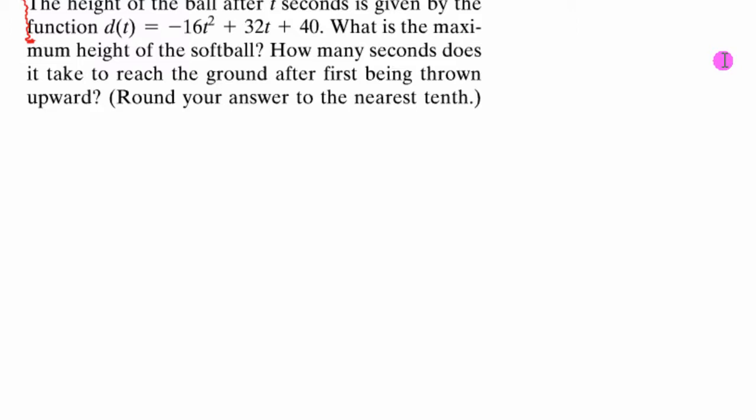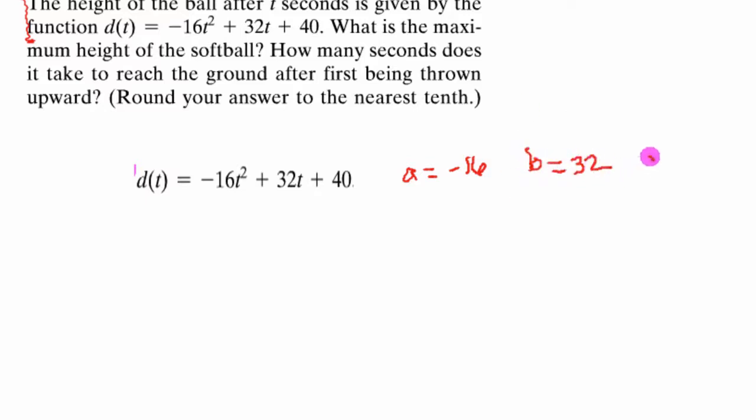Okay, so here's the function again. A is negative 16, B is 32, and C is 40. Now we're going to use the fact that the x-coordinate of the vertex is the opposite of B over 2A, so we read that in the book.